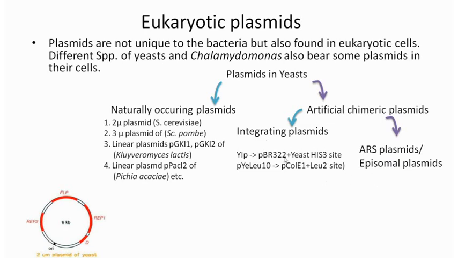The integrating plasmids include the YIp that contain the pBR322 backbone as well as the HIS3 site. So they will integrate in the HIS3 site of the chromosome.